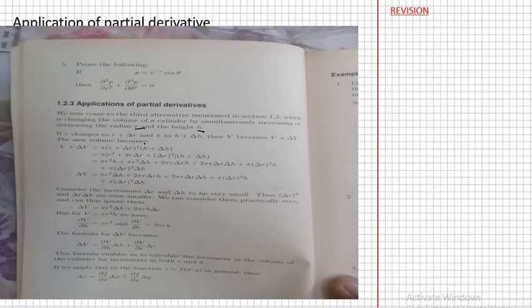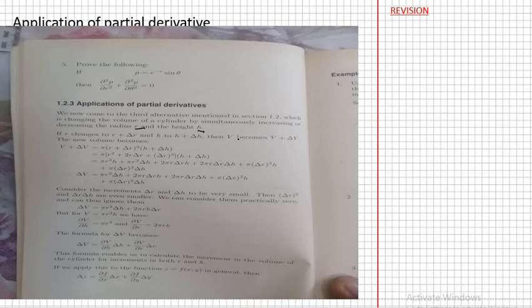Now if the radius undergoes a certain change, the final radius will be given by the initial plus the change in radius. If that change also applies to the height, the final height will be equal to the initial plus the change in height. So the volume also undergoes such a variation.